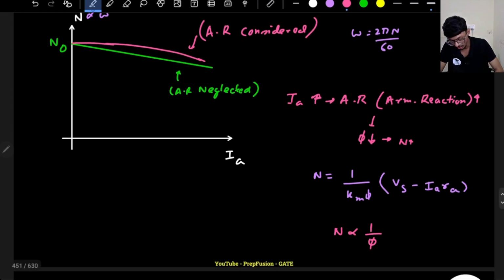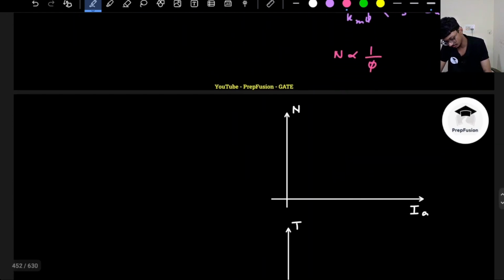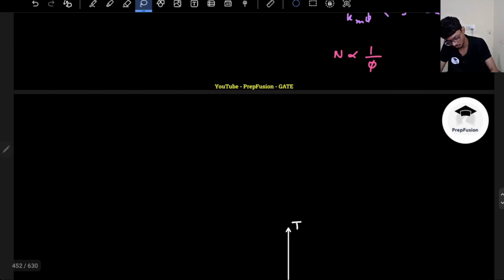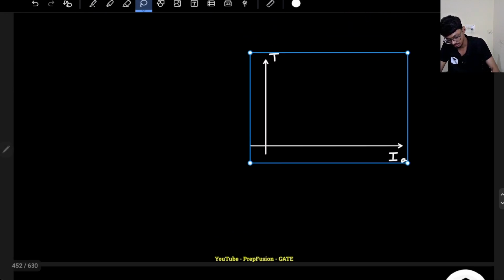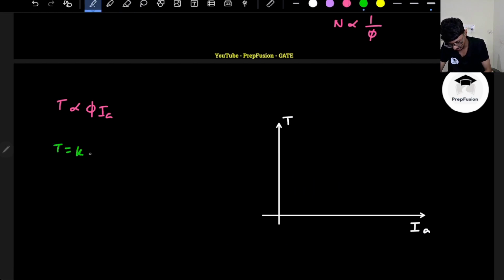Now what is the next one? Next one is the torque load graph, right? Speed we have already discussed. Now let's discuss the torque and load. I know what my torque is proportional to. Torque is proportional to phi and Ia, so again it is some constant Kt phi Ia, right?